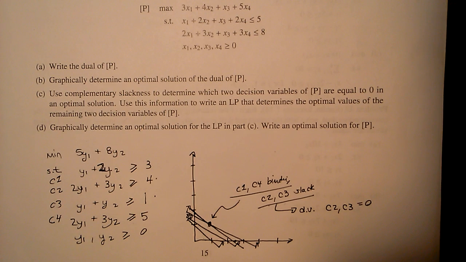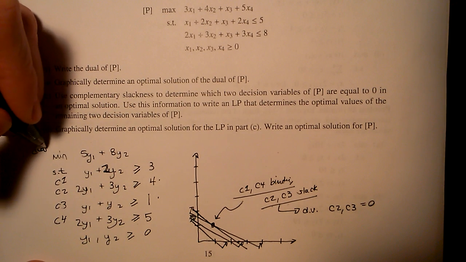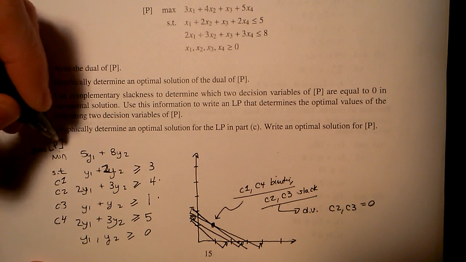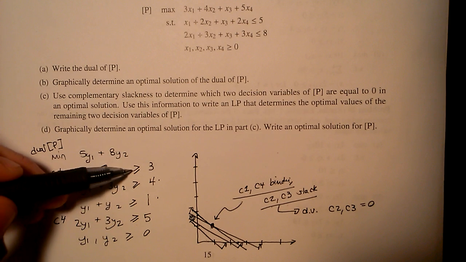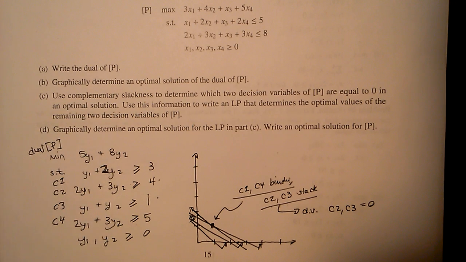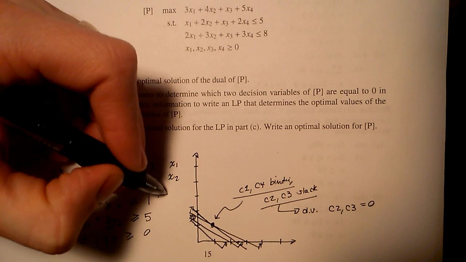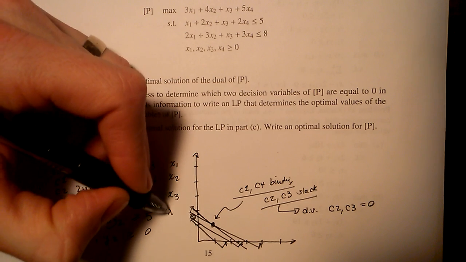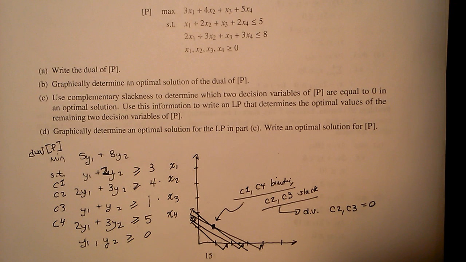Okay? Now this is the part where you sort of have to understand duality. This is the dual of my original LP. Okay? The dual of the dual will be the primal LP. That means that the dual variables associated with these constraints are actually going to be x1, x2, x3, and x4. In other words, my original primal decision variables. Okay?